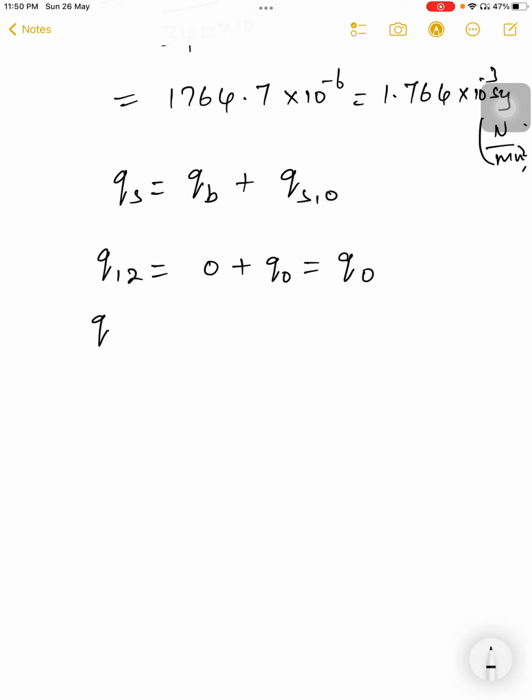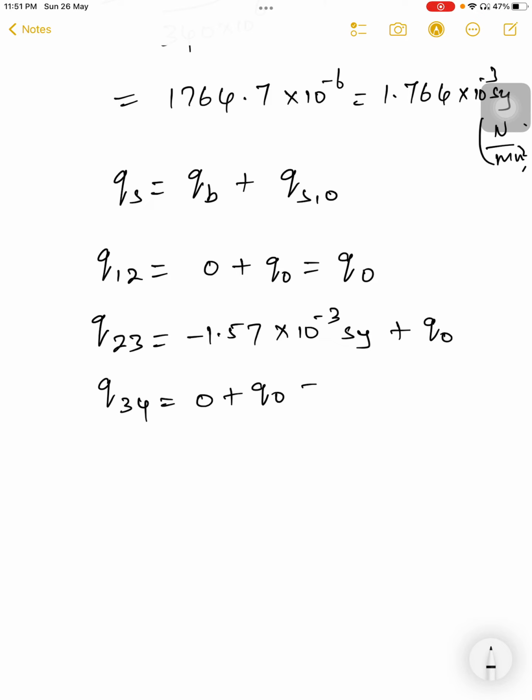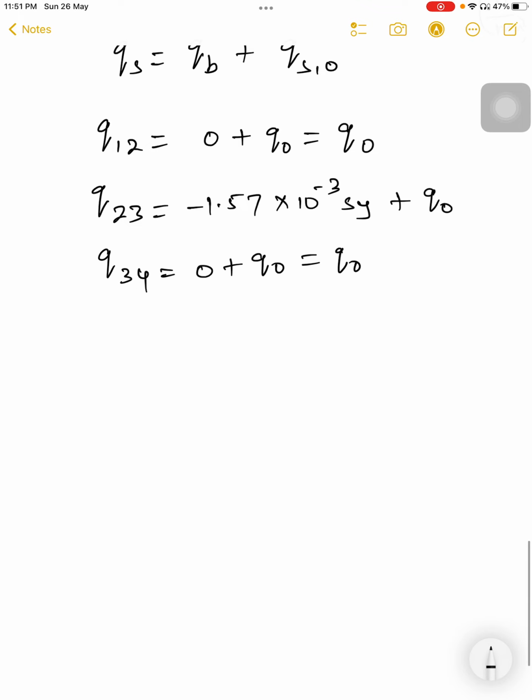So Q23 equal to minus 1.57 into 10 power minus 3 Sy plus Q0. Again Q34 equal to 0 plus Q0 equal to Q0. Q41 equal to 1.77 into 10 power minus 3 Sy plus Q0.